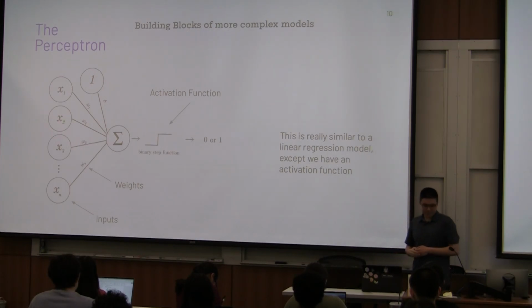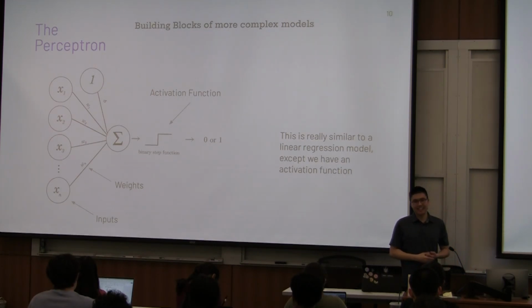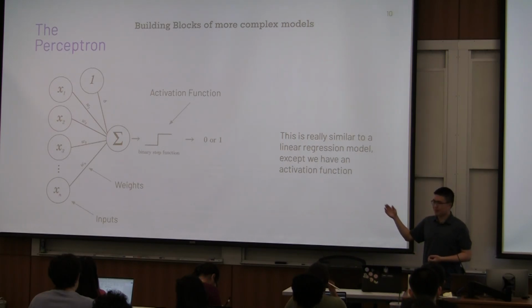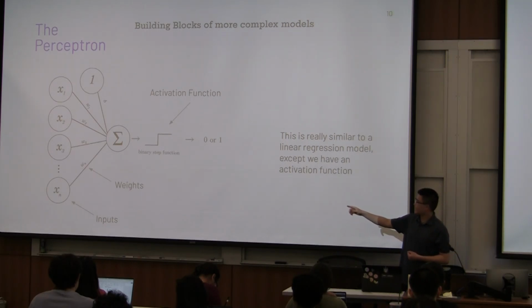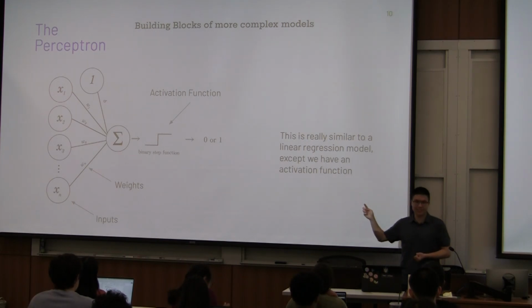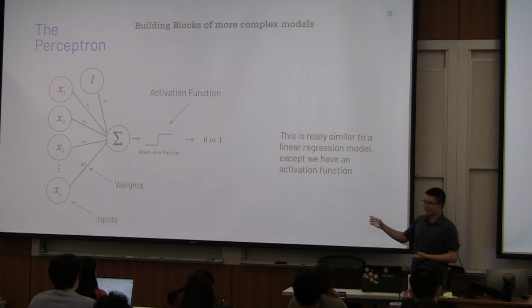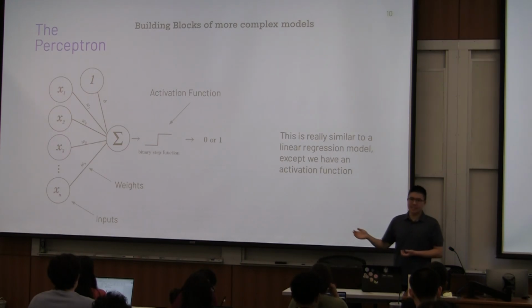This is really similar to what we did with machine learning in unit 1, right? We have weights multiplied by the inputs. However, we do have an activation function here. This one is a binary step function. Basically, if the output is greater than 1, we'll output 1. If the output is less than 1, we'll output 0.